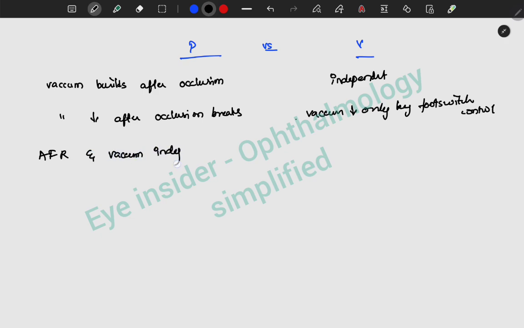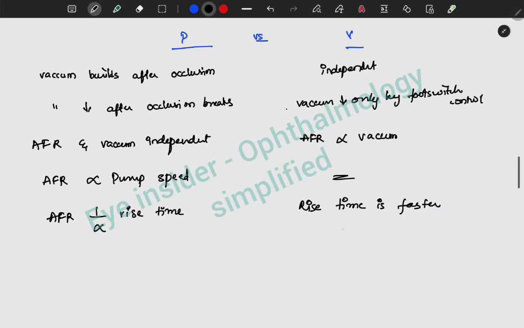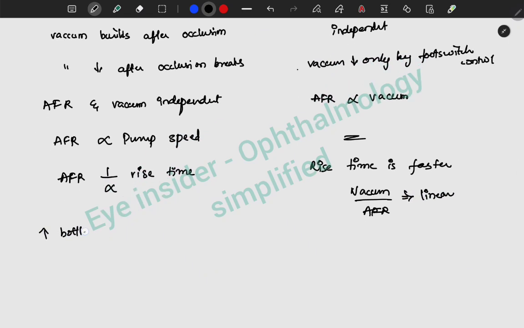AFR and vacuum are independent in peristaltic, whereas AFR is proportional to vacuum in venturi. AFR is proportional to pump speed in peristaltic, and it is inversely proportional to the rise time, and the rise time is faster in venturi. But vacuum by AFR is linear.